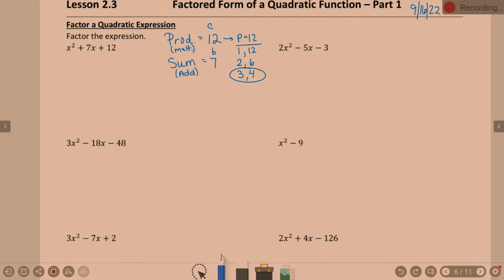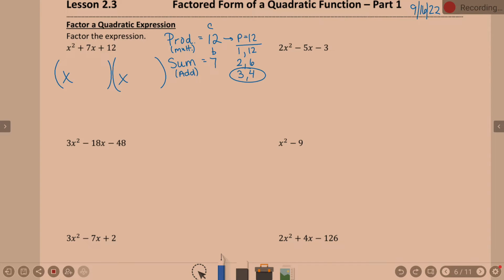Now, the only thing we haven't discussed is how we express that answer, because my answer is not just 3 and 4. Parentheses? Yeah. I always have us think about x squared. How does x squared break up? X squared is going to break up traditionally into x times x.